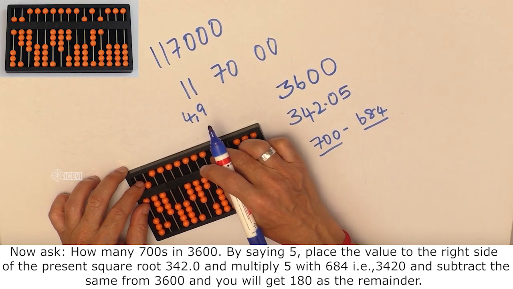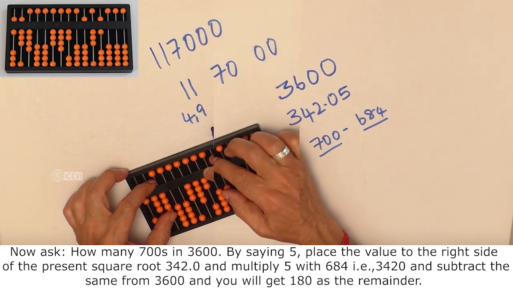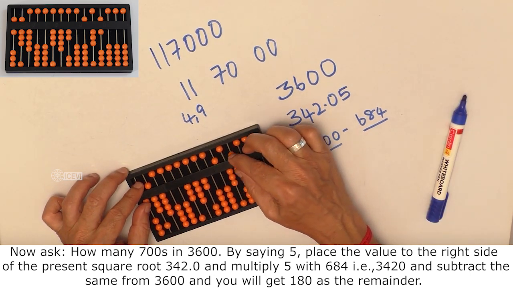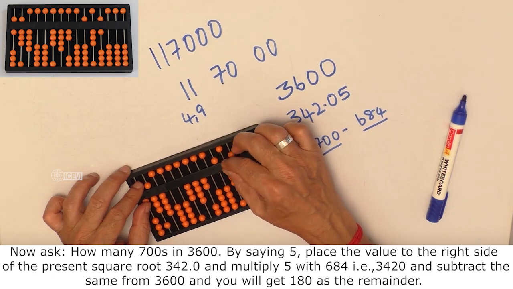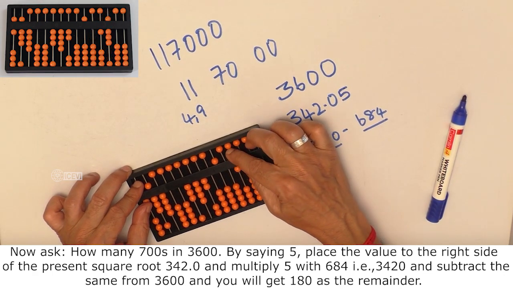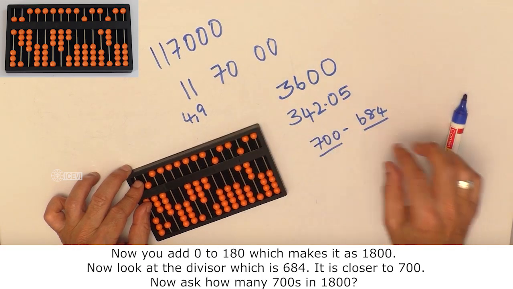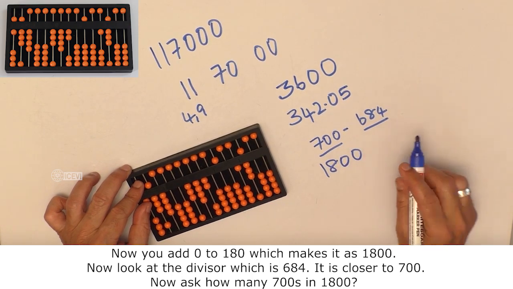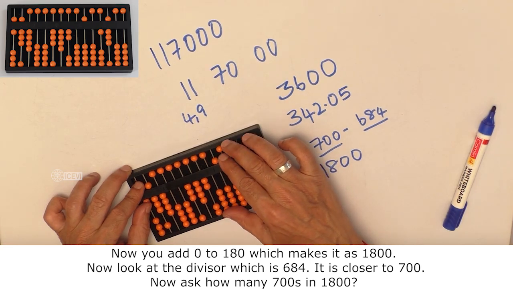Now multiply 5 with 684, that is 3420, and subtract the same from 3600 and you will get 180 as the remainder.